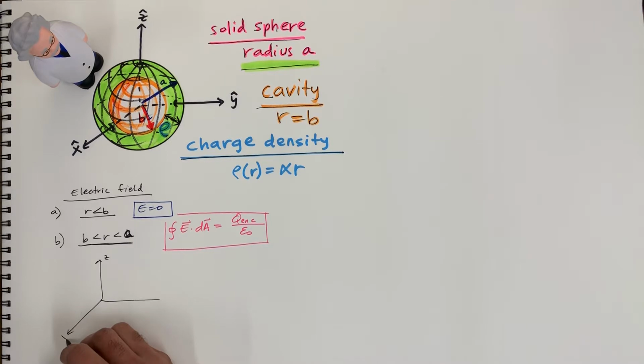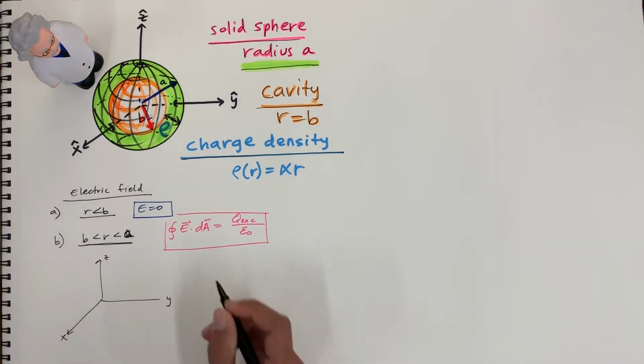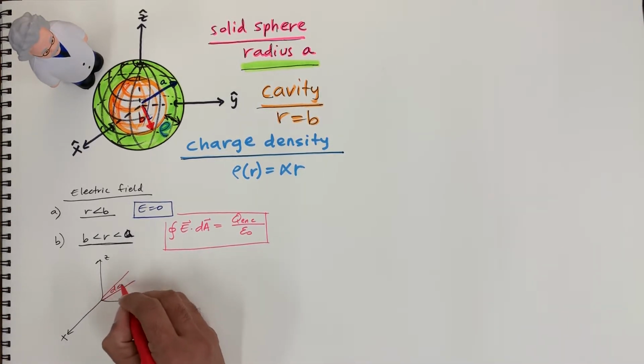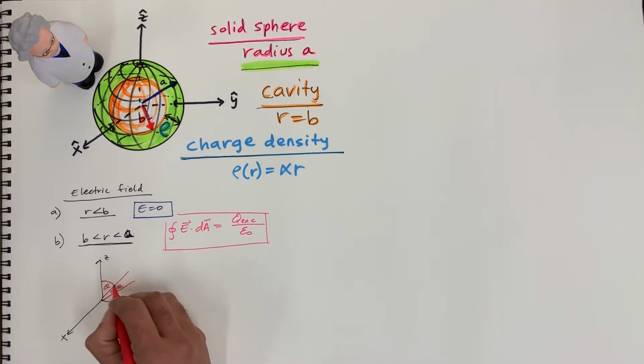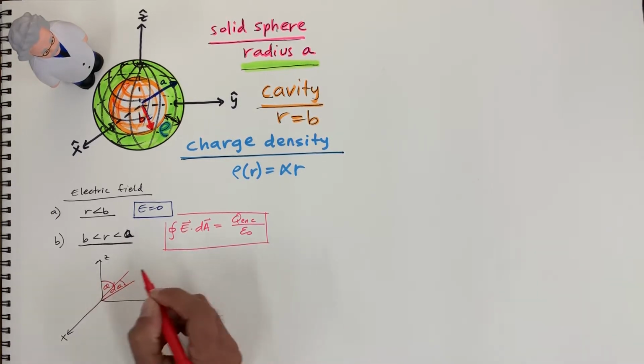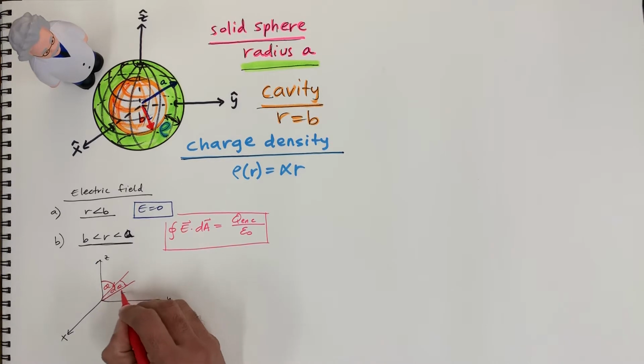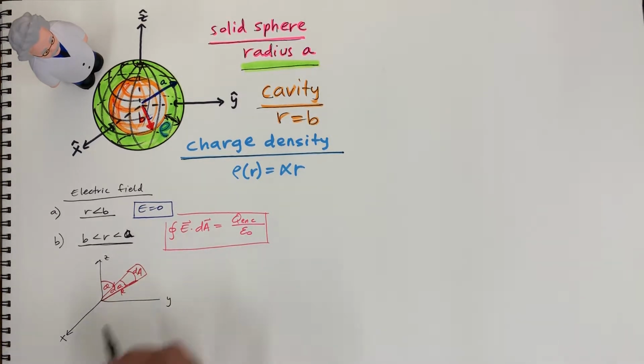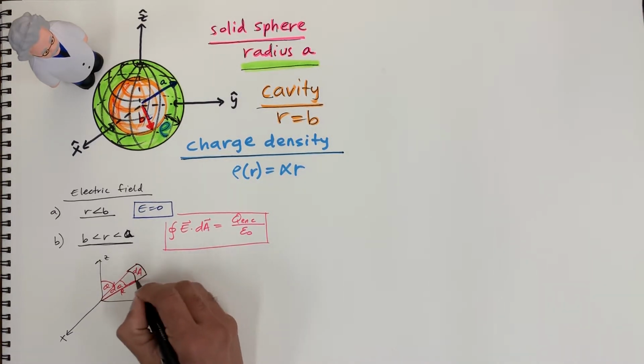Let's see, we got X, we got Y. And let's see, this is d theta, this is theta, right? We got a length out of R. This is a differential area on the sphere.